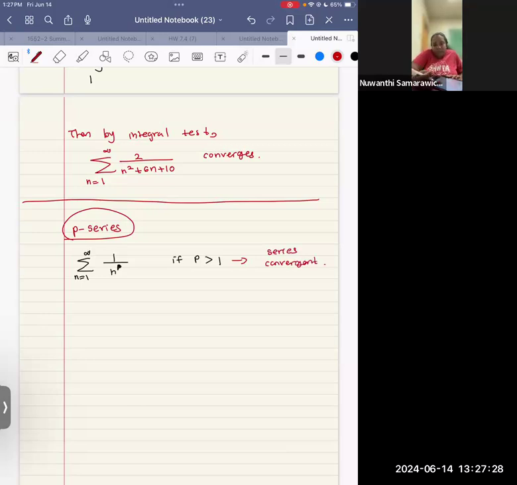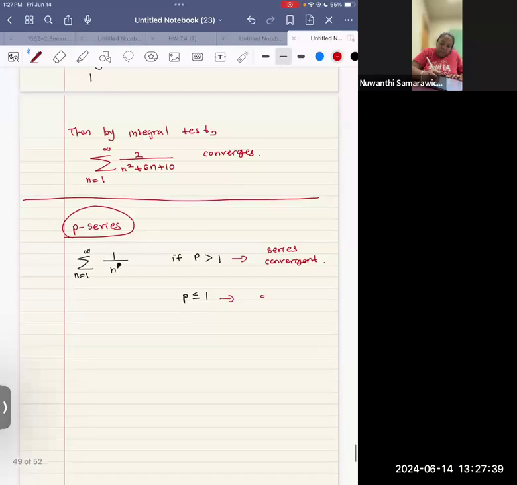Okay, it's that basic idea. So if p is less than or equal to 1, then we say the series is divergent.